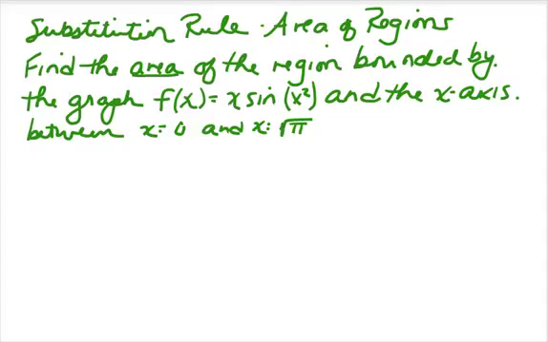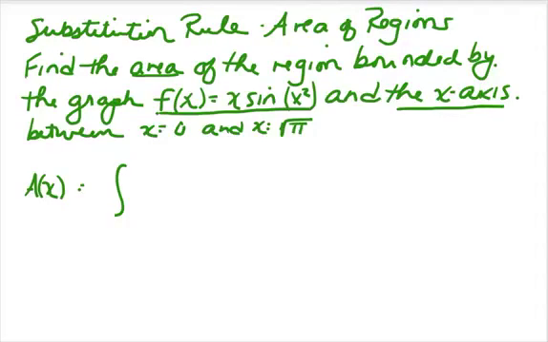So we're going to set up the area function. If I'm looking for the area of the region bounded by the graph f of x and the x-axis, we're looking at an integral of f of x minus the x-axis.